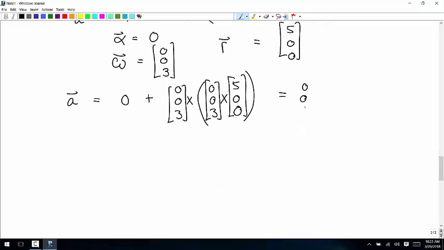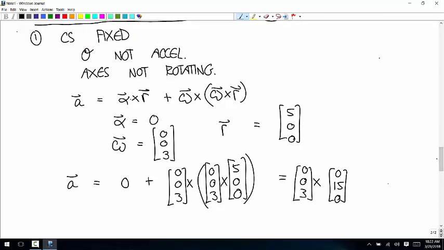That's 0, 0, 3 crossed with... And so that is negative 45, 0, 0. So about 5 G's of acceleration.